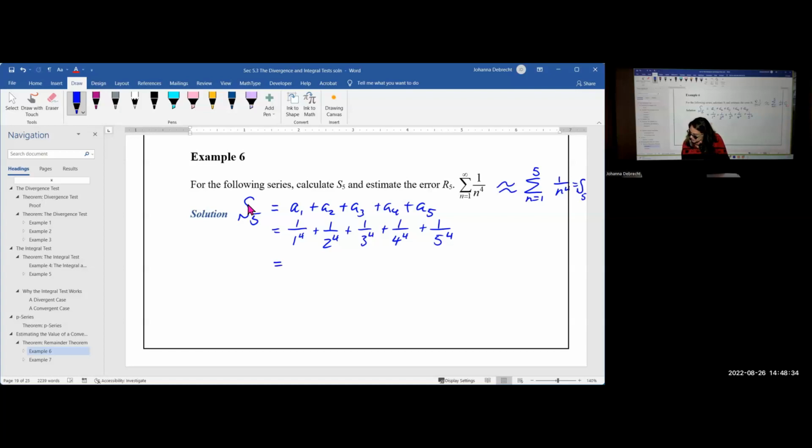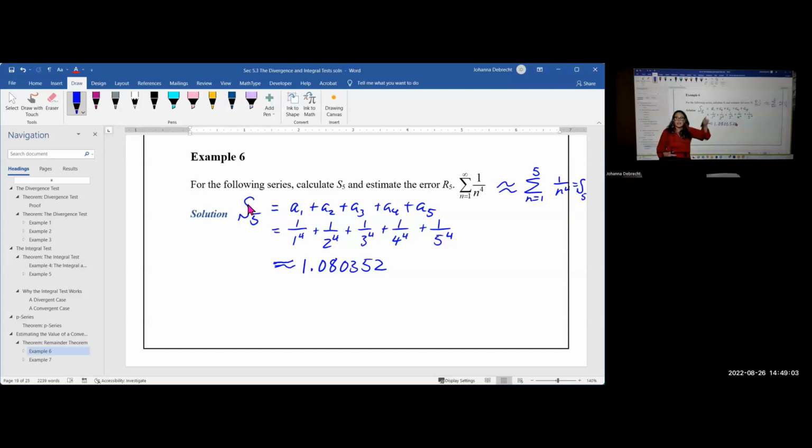You're going to end up with something relatively close to 1.080352. So this is an approximation for the value of the infinite series. If I took all infinitely many terms and added them up, I would get approximately this number. So I've estimated the infinite sum.